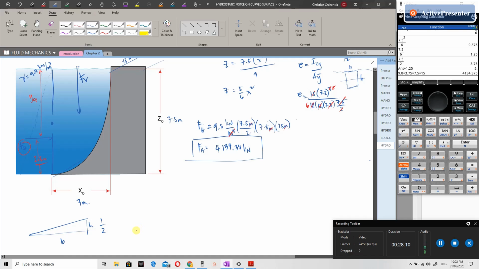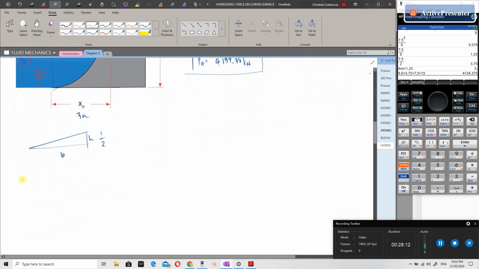So kapag second degree na yung ating curve, parabolic, let's say this is B, H, then say this is second degree curve.